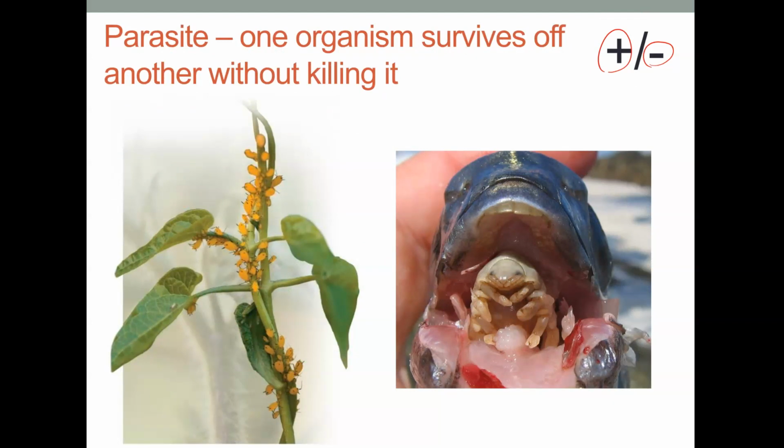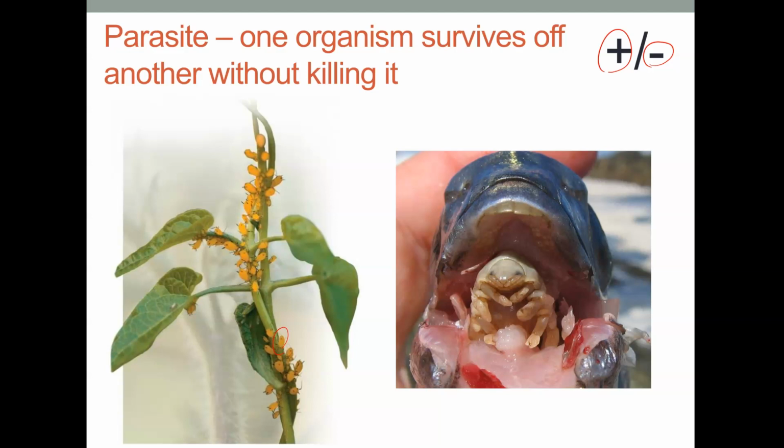So a perfect example, if you're a gardener, everyone knows what these are. These are aphids, the bane of any gardener's existence. They will feed off of plants, and they only ever take enough to basically make the plant useless to a gardener, and they suck the sap or the nectar out of the plant's little vessels, and the plant will never really produce anything, and it gets taken over by these aphids.